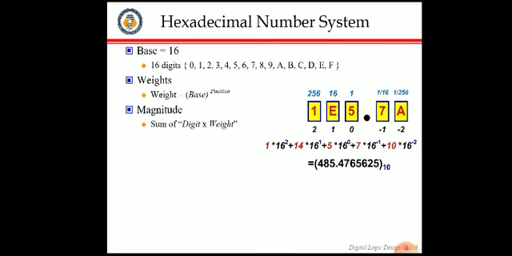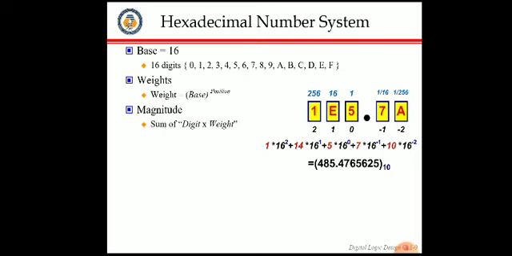So these are the symbols and equivalent decimal numbers. Whenever you simplify to get the magnitude in decimal, you have to substitute the equivalent decimal numbers instead of letters. Remember this. Very important point.